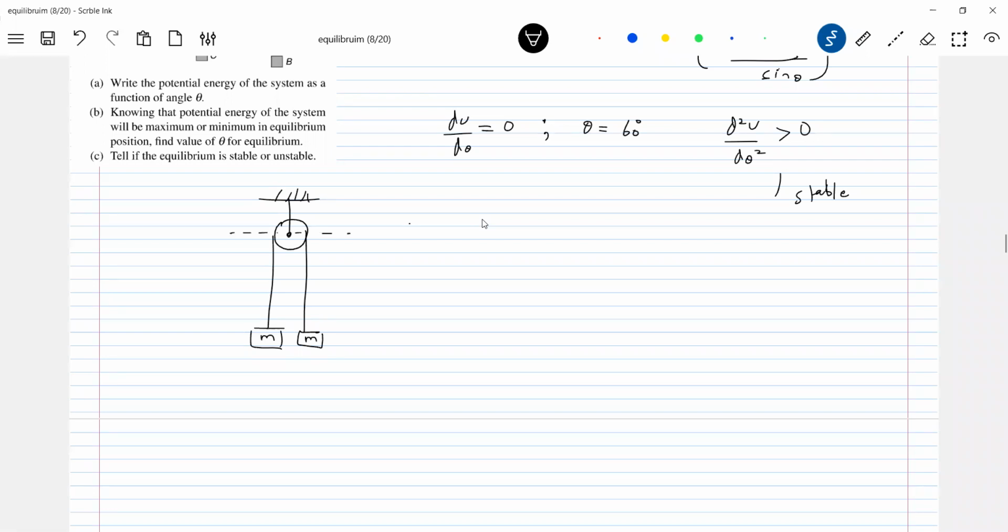What is the nature of equilibrium? Anybody answer from here? You can expect questions of this kind in exams. You have to be very, very careful. Application is something very important.